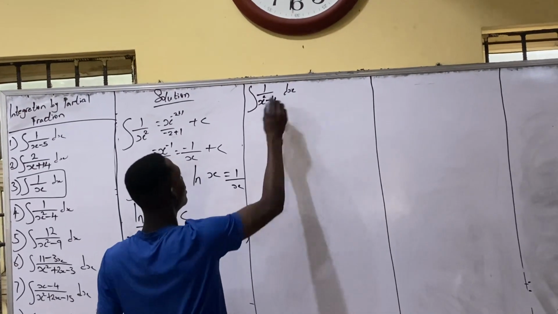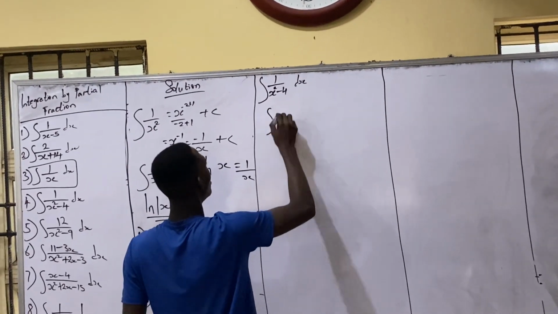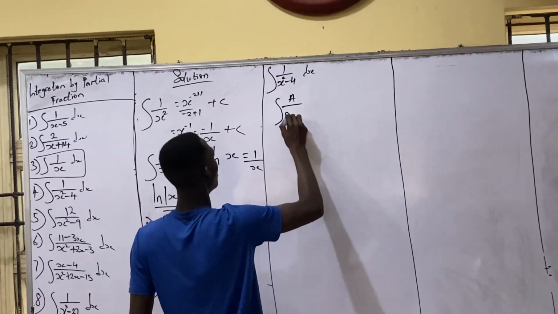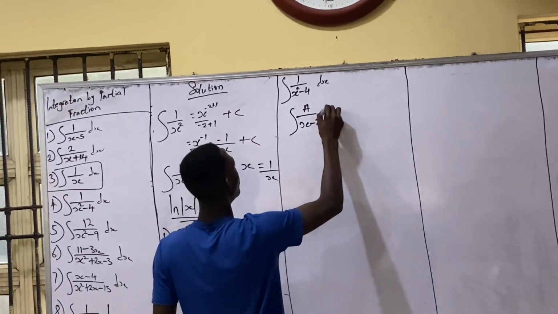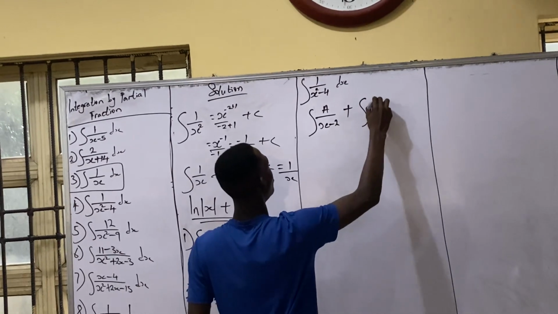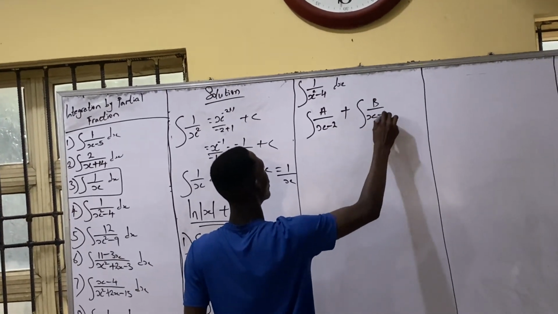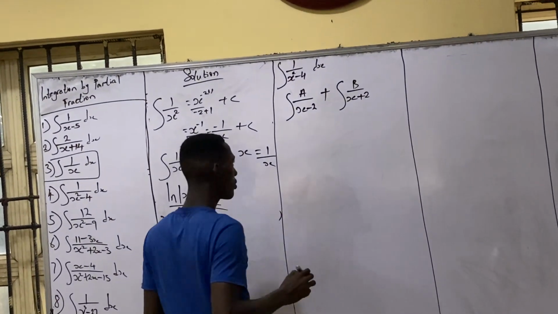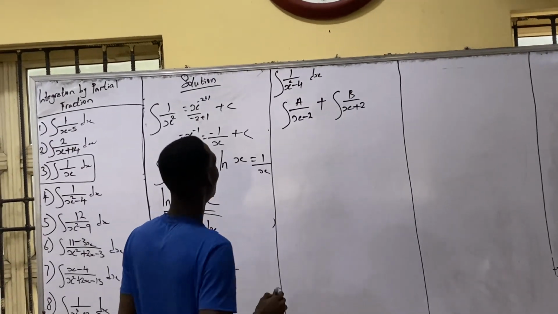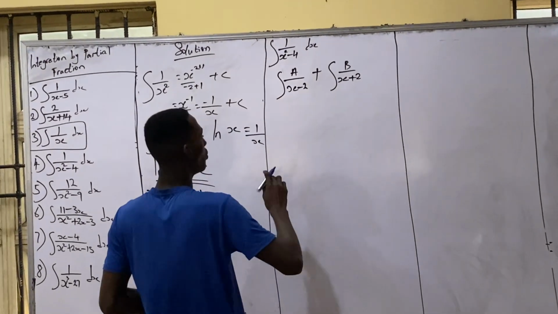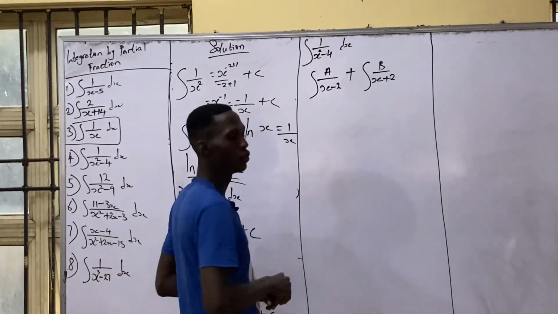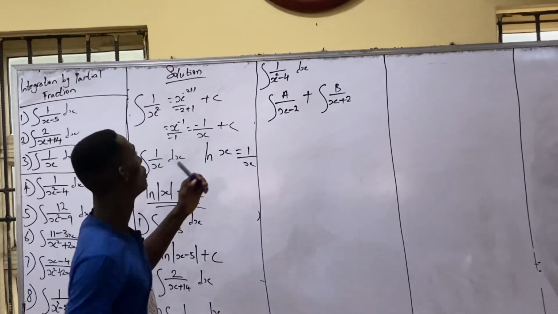So now we can easily rewrite this as integration of A over x minus 2 plus integration of B over x plus 2. The first step is breaking it down.